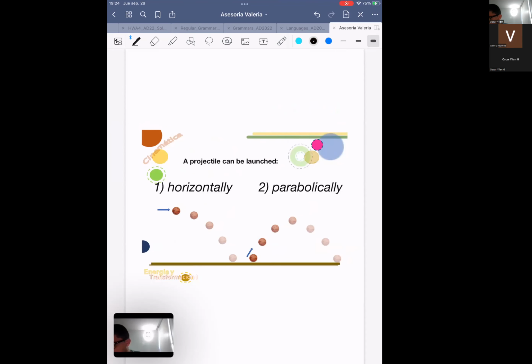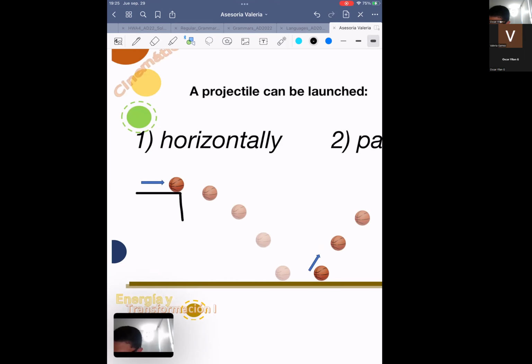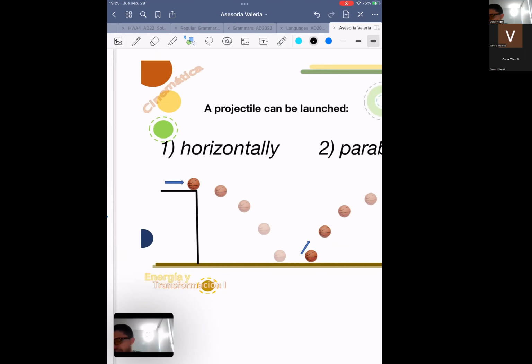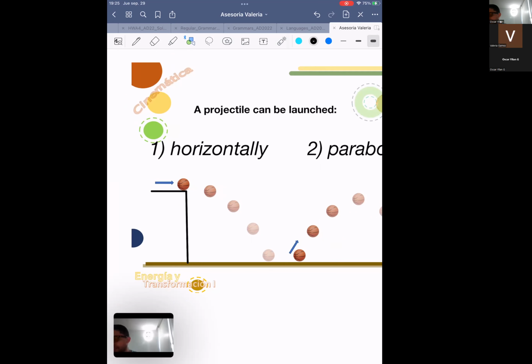Then let's continue. Basically there are two types of problems: horizontally and vertically. The horizontal one is like when you are a person and you kick a ball, and it has only velocity in x.